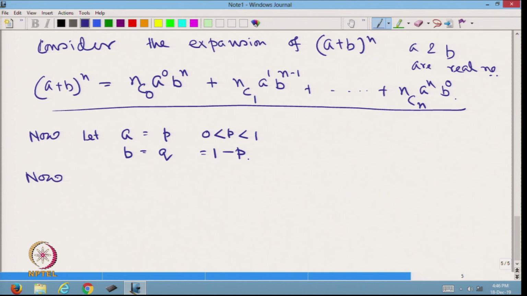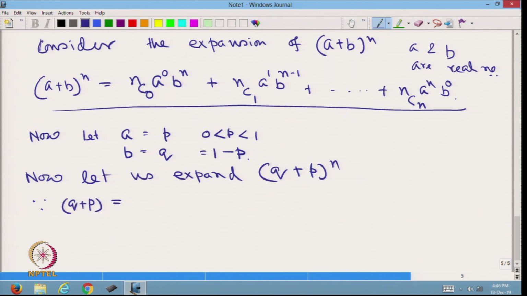Now, let us expand (q plus p) to the power n. Since q plus p is equal to 1, (q plus p) to the power n is equal to 1.